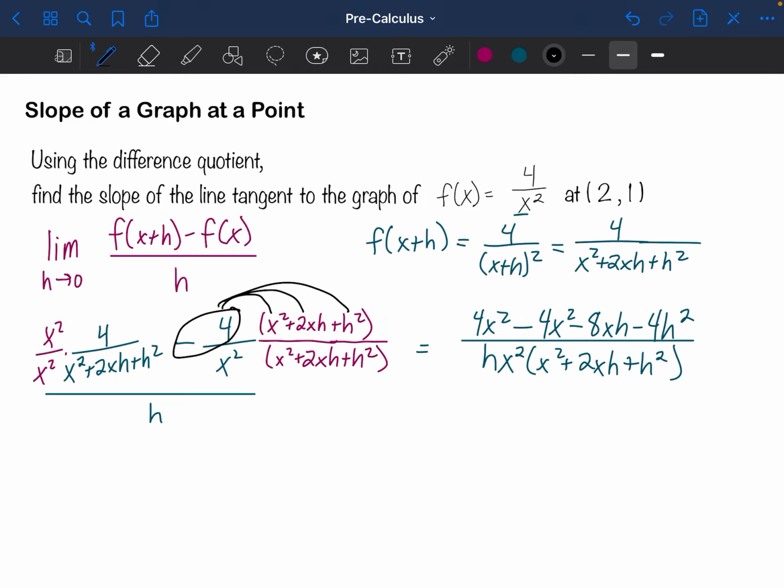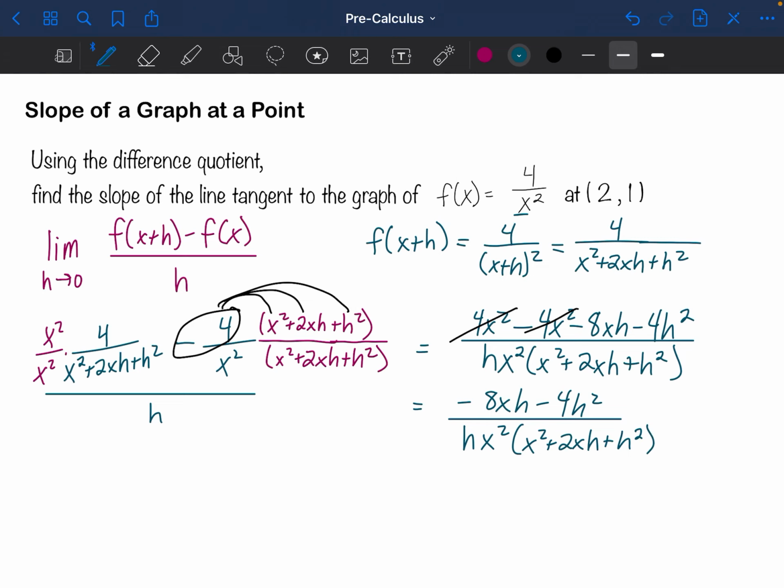Now we're going to go through and do some cancellations. Well, 4x squared minus 4x squared, boom, equals negative 8xh minus 4h squared over... we don't need to cancel every single h for this to work. We just need to cancel out the one that's the problem. The one that's the problem is this one right here.